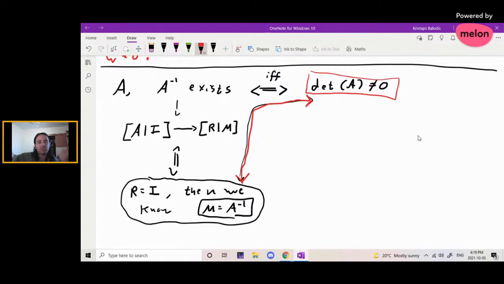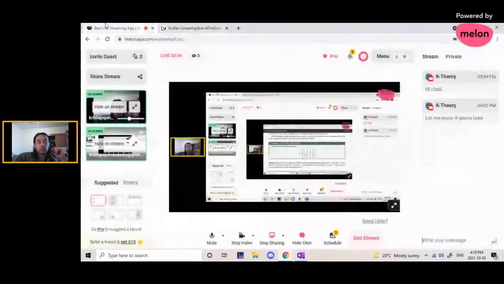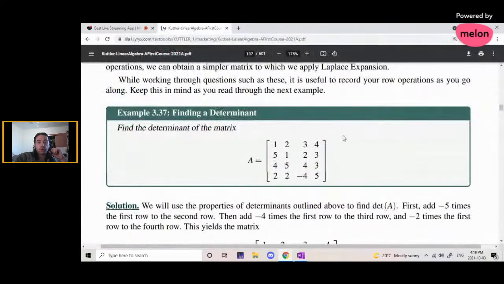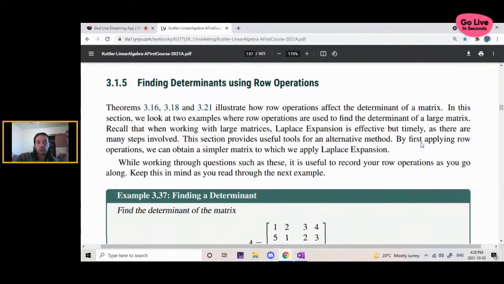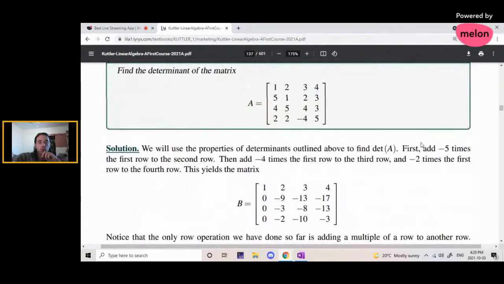We can just tell yes or no, is the determinant equal to 0? But is there a way that we could use row operations to help figure out the determinant in general? Well, the answer is yes. I mean, that's the whole reason why we have this section here, finding determinants using row operations.